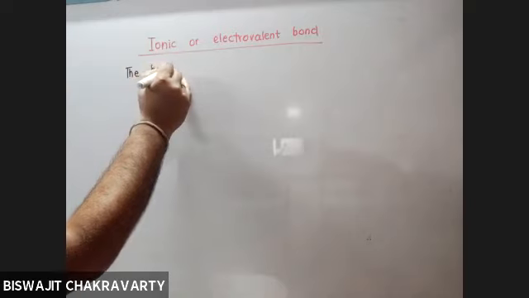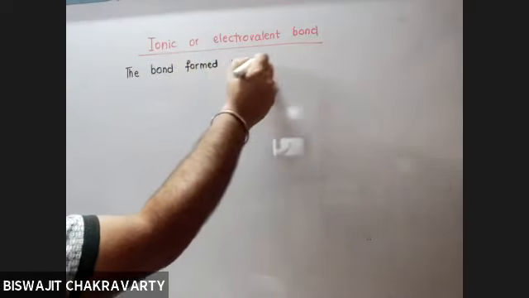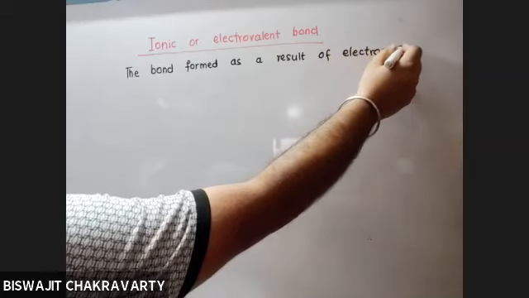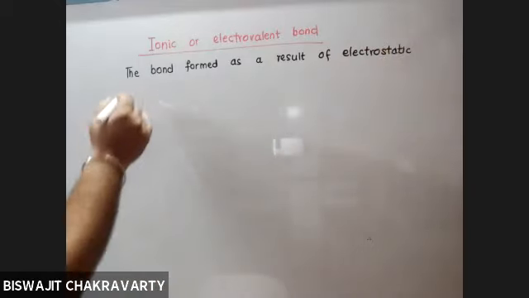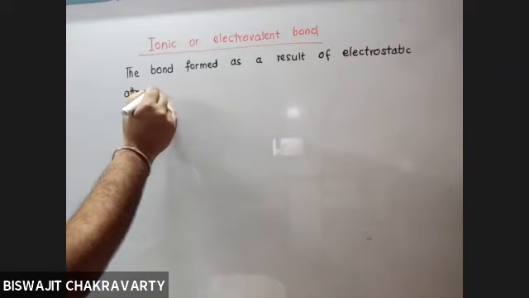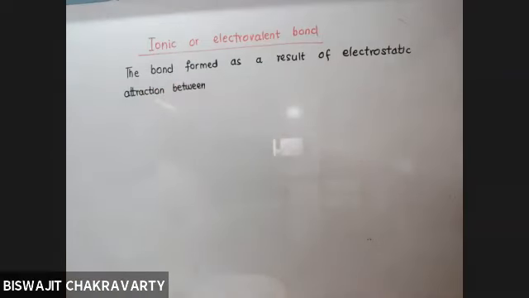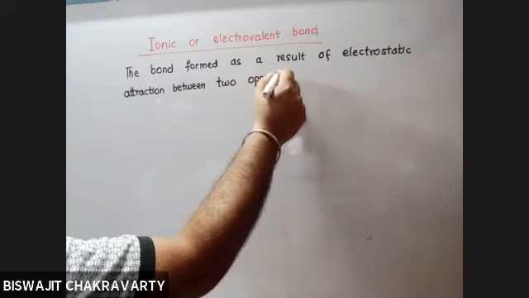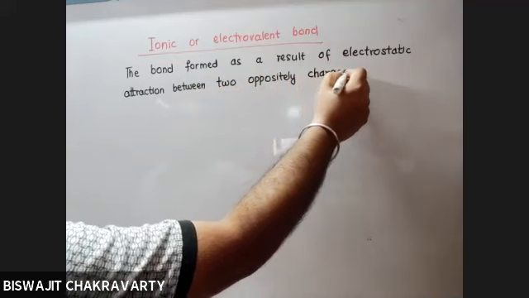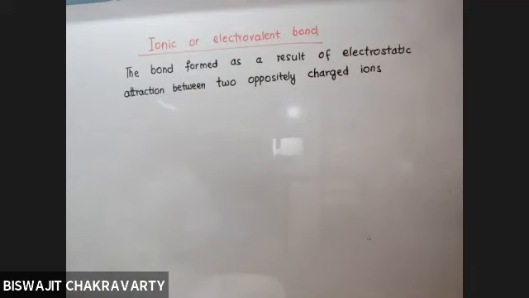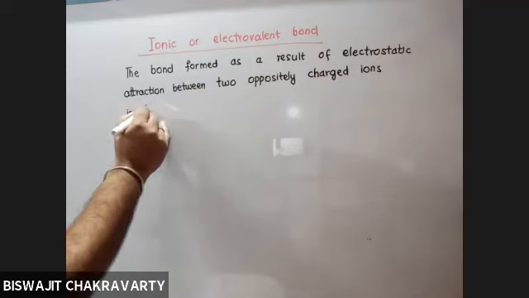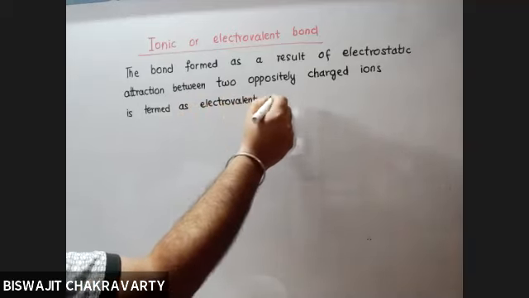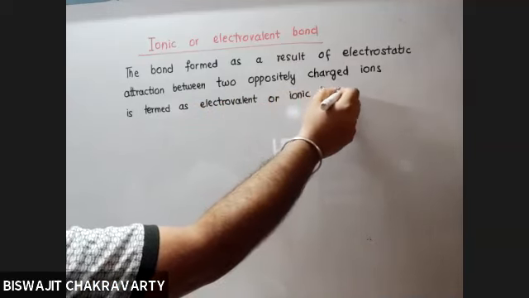The bond formed as a result of electrostatic attraction between two oppositely charged ions is termed as electrovalent or ionic bond.